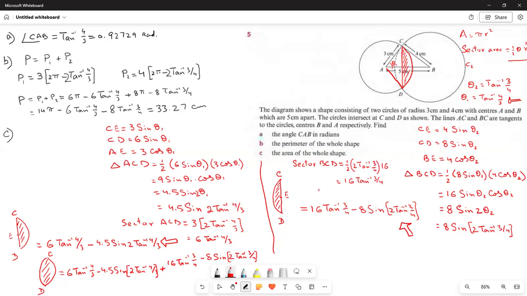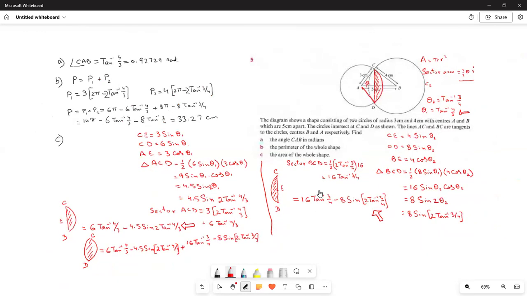Okay, and finally, I need some room. How can I make some room here?